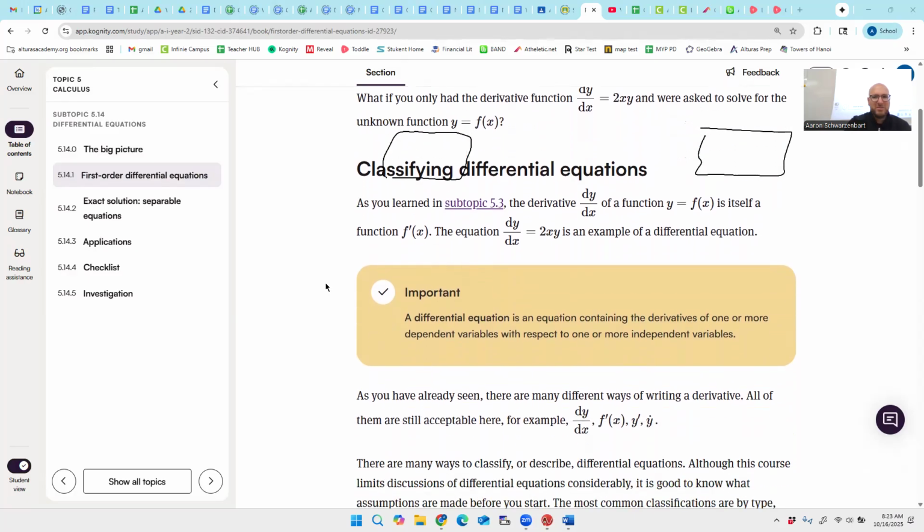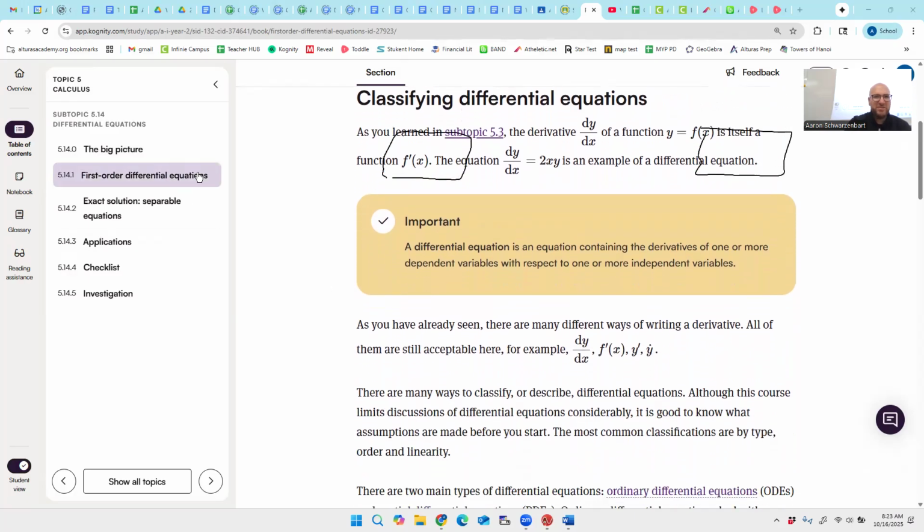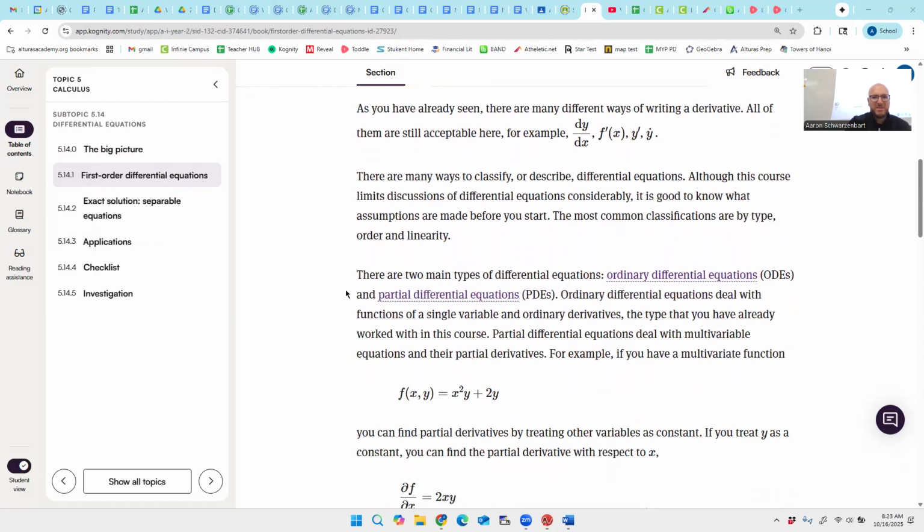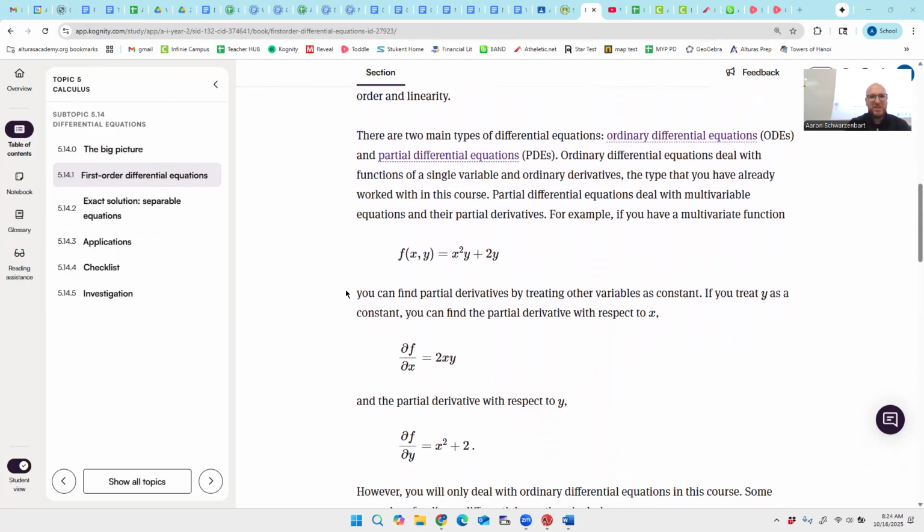Okay. What's called a partial derivative or a partial differential equation? So right now we have a function of x and y here, f of x, y. The partial derivative means all I'm taking the derivative of is x, and I'm leaving y as if it was a constant.